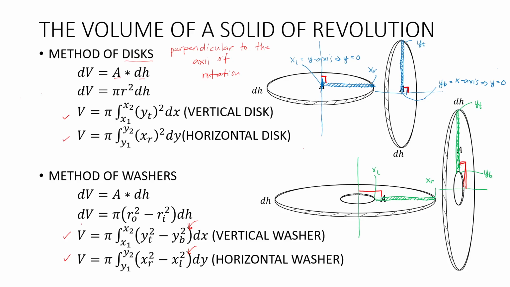Okay, so for the washer, probably the best explanation that I can give you is that I think you have this one in your high school. For example, you're going to solve for the net area of this one, right? What you have to do is solve the bigger area first, right? Area outer minus area inner, right?